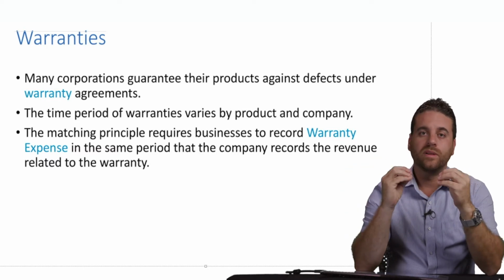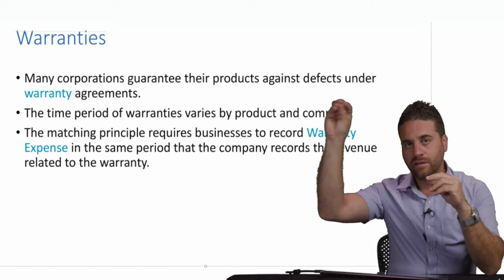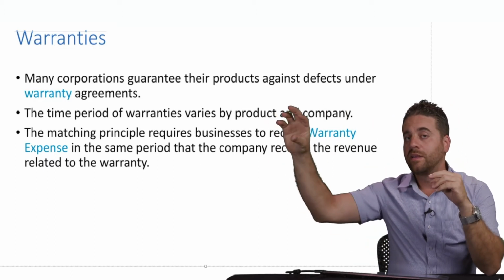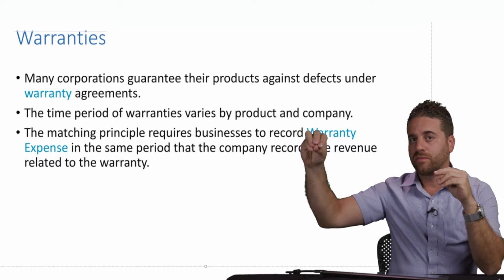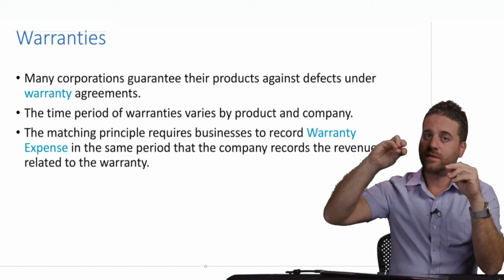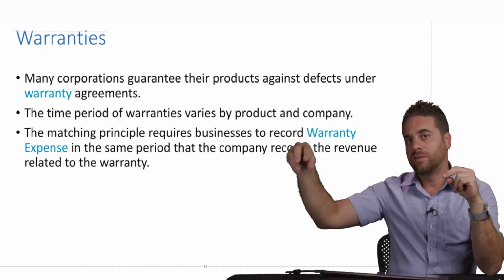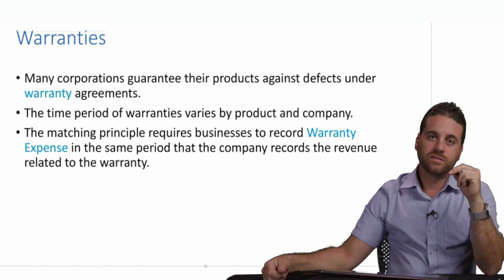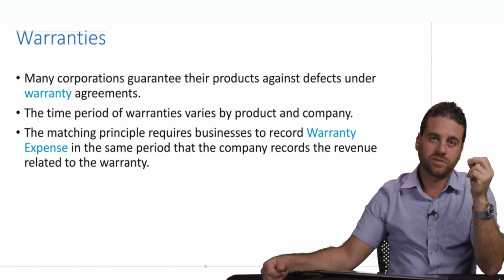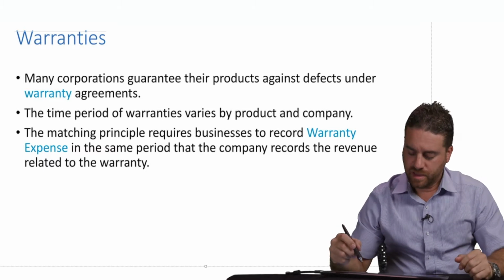We're going to create a liability to have that amount sitting there until next year or the year after, when the customer comes back for warranty coverage. Then we're going to use that balance inside that liability account to cover these expenses in the future for warranty.